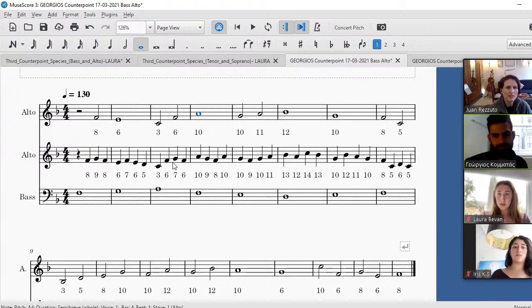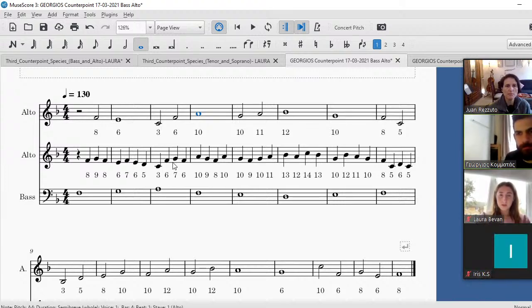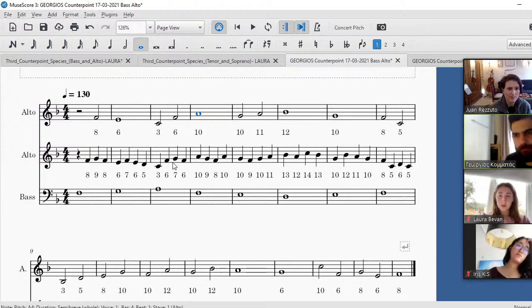Let's suppose that I didn't tell you, I just told you the rules of the third species. But now I tell you the next exercise that you have to do.